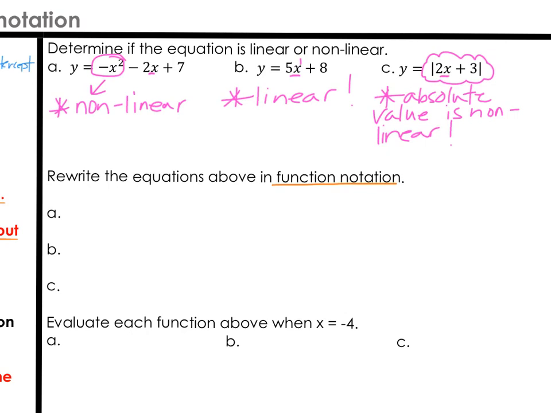The right-hand side of each equation isn't going to change at all. This is really easy to do. We're just going to take those y values and replace them with f of x. So this is what it looks like. Instead of y equals negative x squared minus 2x plus 7, we're literally just going to write f of x equals, and then the right-hand side stays the same.